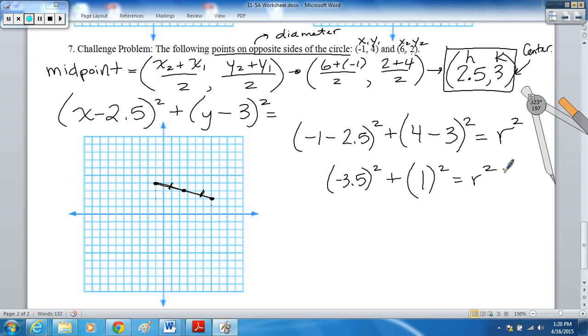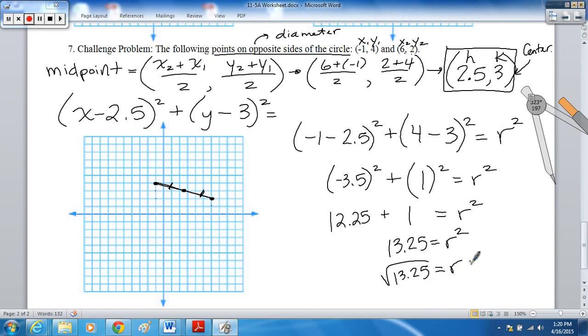Okay, from there, negative 3.5 squared, I'll do that with my calculator, gives us 12.25, and then 1 squared is just 1. If we add those two together, and then we square root that, that's our radius length.